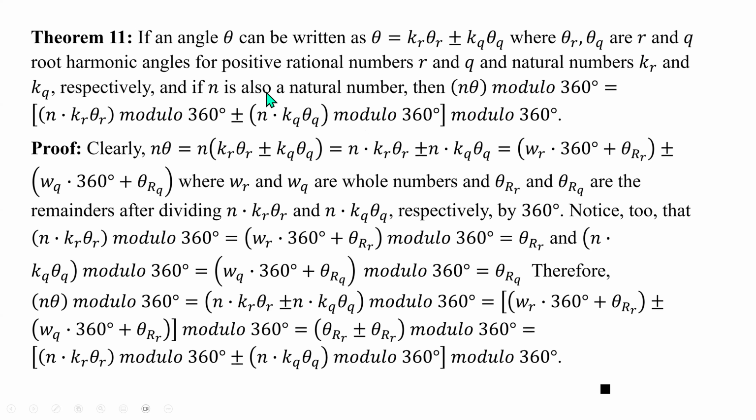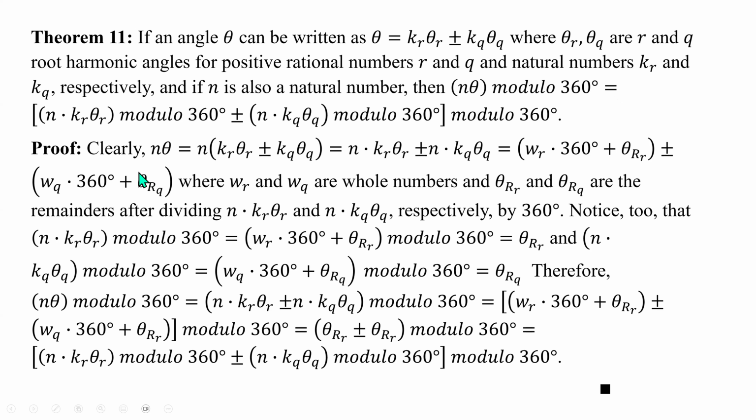And if n is also a natural number, then n theta modulo 360 degrees is equal to n times k sub r times theta sub r modulo 360 degrees plus or minus n times k sub q theta sub q modulo 360 degrees, and then this whole thing in brackets, reduce modulo 360 degrees.